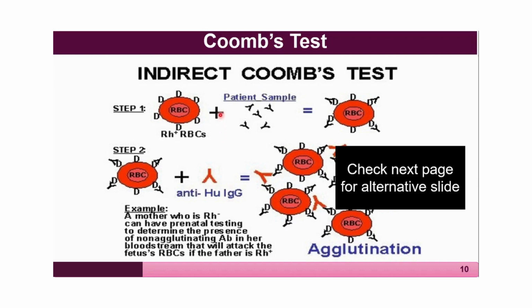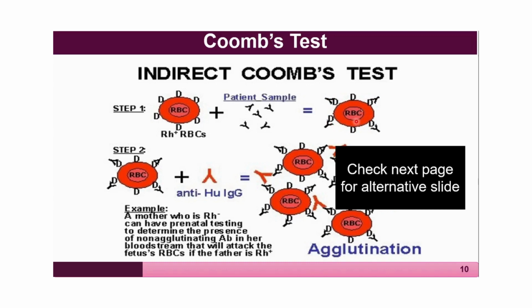To that, now you add the Rh negative mother's serum sample. When you add the Rh negative mother's serum sample, if she readily contains a very high titer of Rh antibodies, those Rh antibodies will bind to the Rh positive RBC and they will be actually bound to the membrane of the RBC.